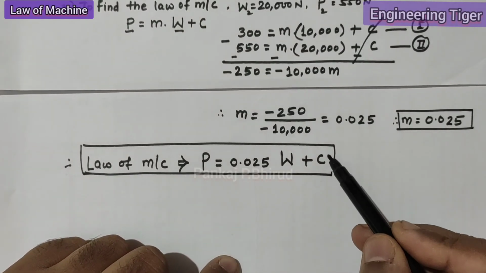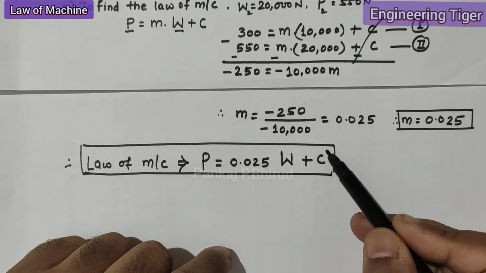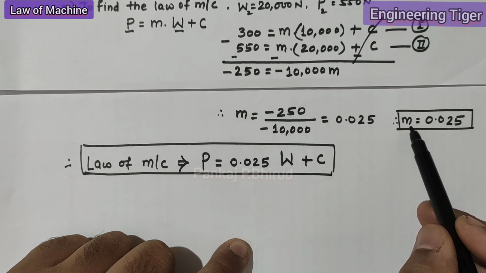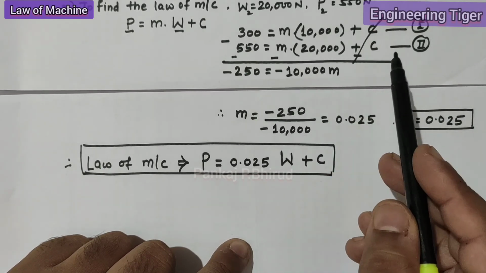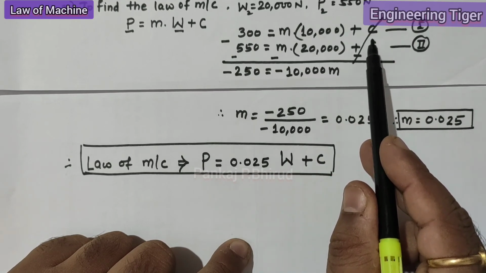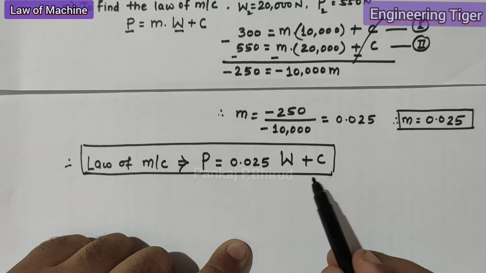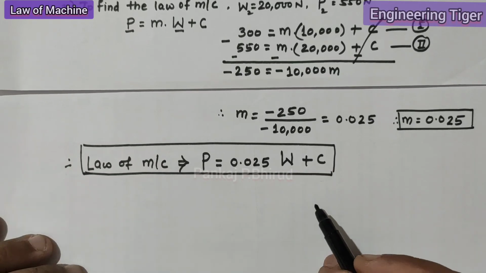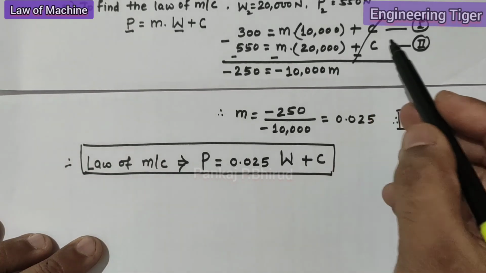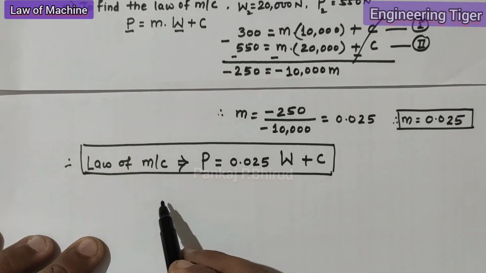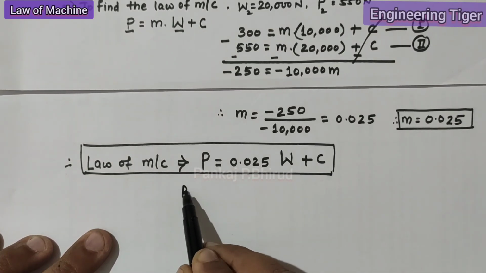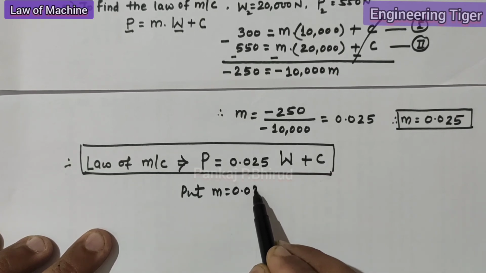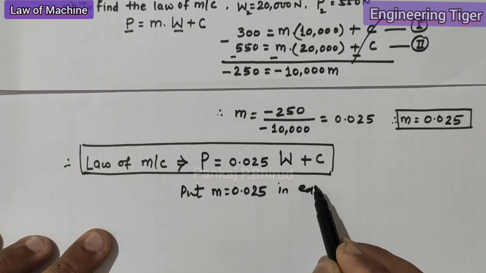Here I forgot this C value. When we get this m, we can put this m in equation number 1 or 2 and then calculate C. That value of C we have to put in the law of machine, and then we will get the final law of machine of this particular lifting machine. So let us calculate C by putting m equal to 0.025 in equation 1.